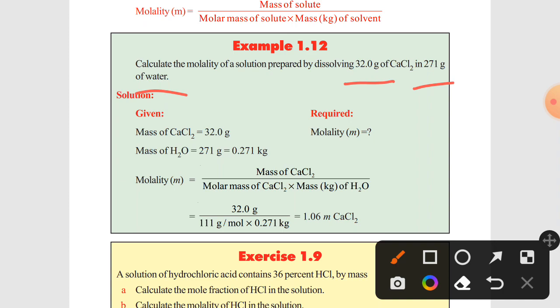So molality is equal to mass of calcium chloride, 3.2 gram, over 111 gram per mole, the molar mass of calcium chloride, times the kilogram of water, which is 0.271. We get 1.06 molal of calcium chloride.